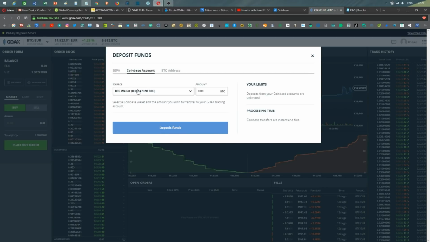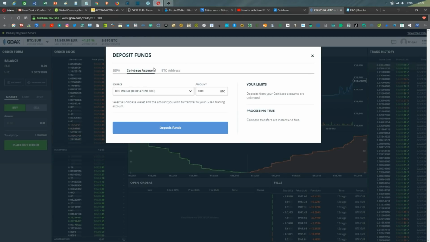If I want to send all of this amount, I can just copy it and paste it in here, and by pressing deposit funds, all this amount from Coinbase will transfer to my Bitcoin wallet on Gdax, without any fees, of course, obviously without any fees.